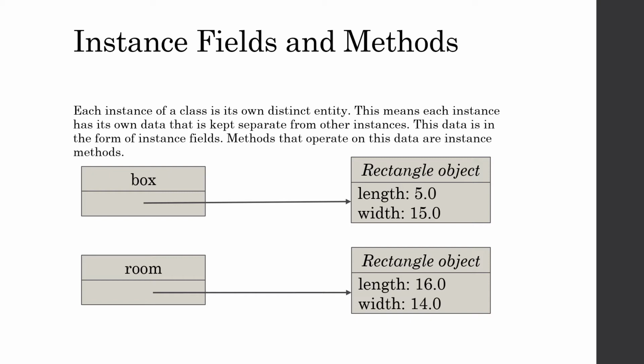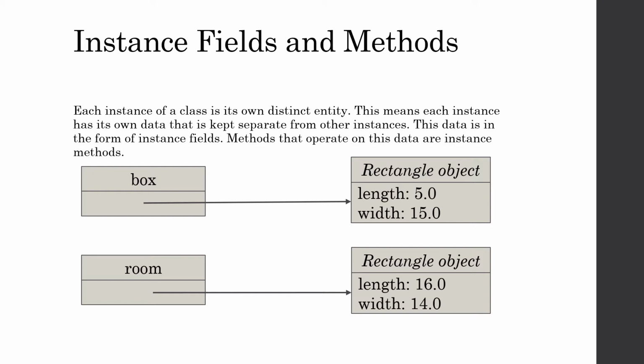So that's going to be associated with that variable of box, essentially using the shorthand that I would typically go with for this. I would just say that the box object has a length of 5 and a width of 15. Same thing with the room object, or the object referenced by the room variable. This object is going to have its own unique length and width, a length of 16 and a width of 14.